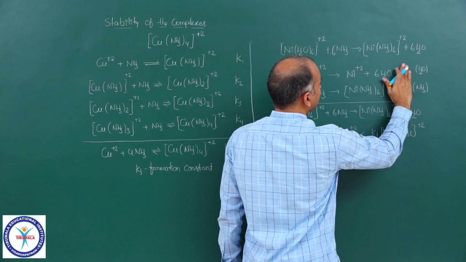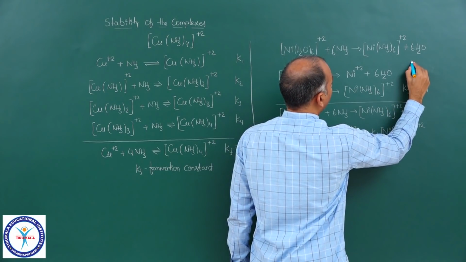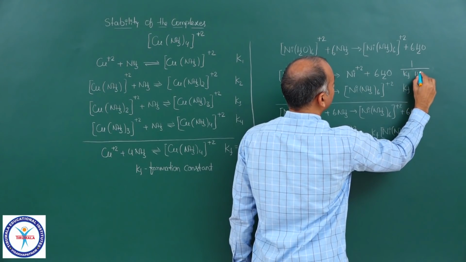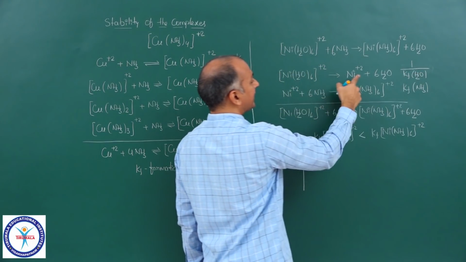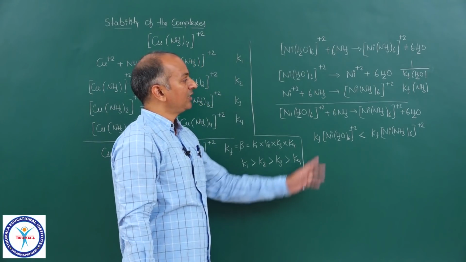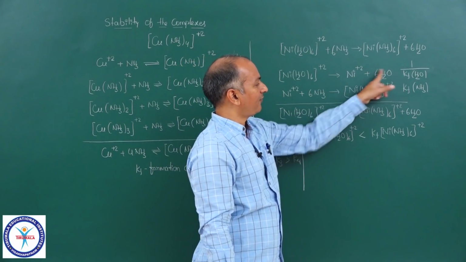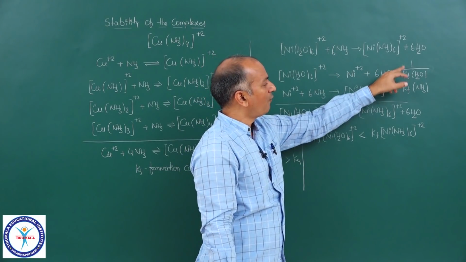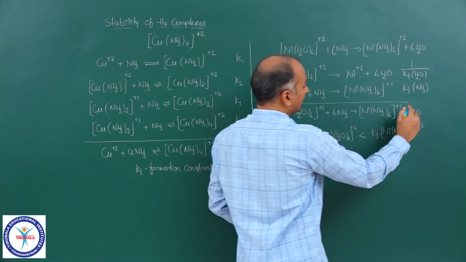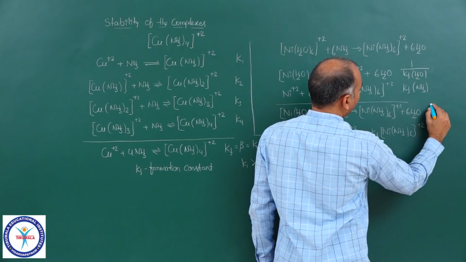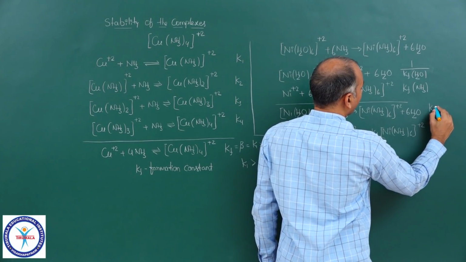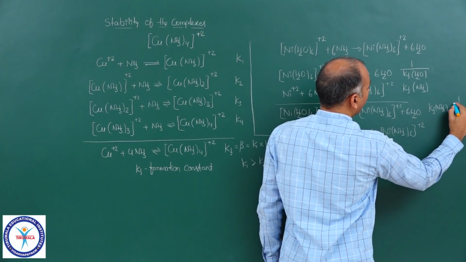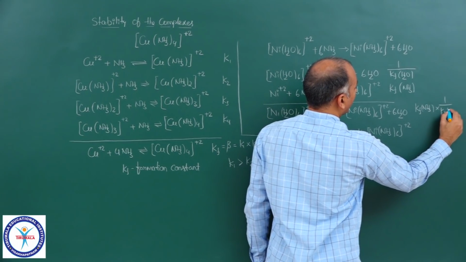Of course, this is 1 upon Kf of the water complex, because all of you see that reaction. Actually, the reverse of this will be Kf. So obviously the equilibrium constant of this will be 1 upon Kf, and the resultant equilibrium constant of this is equal to Kf of the ammonia complex into 1 upon Kf of the water complex.